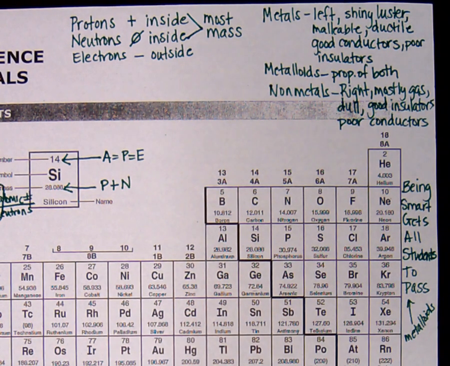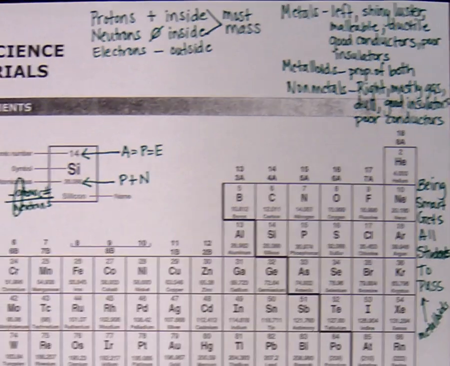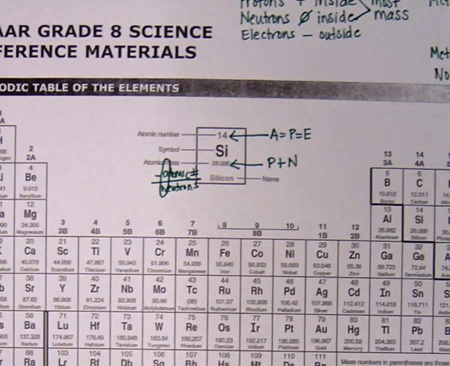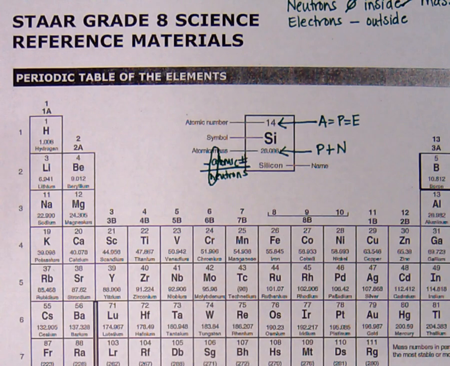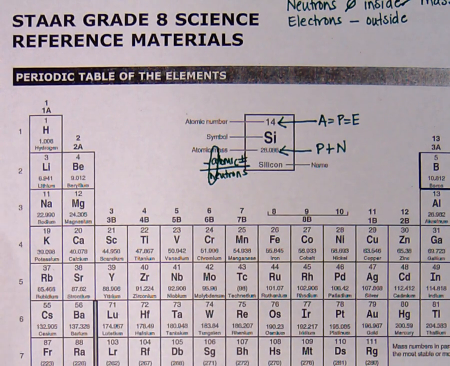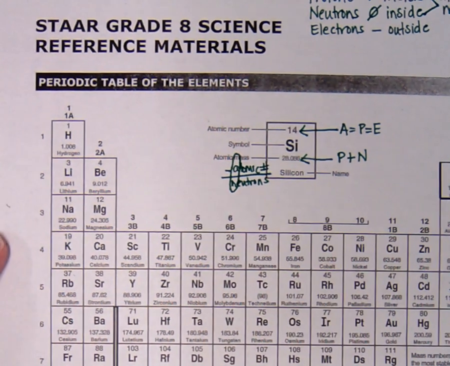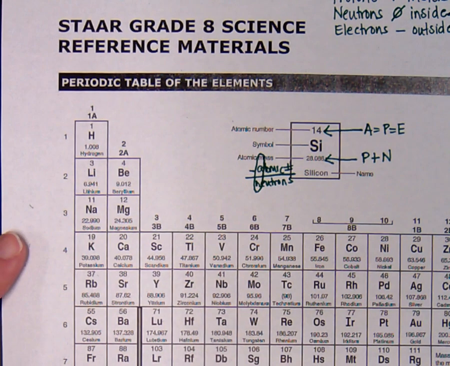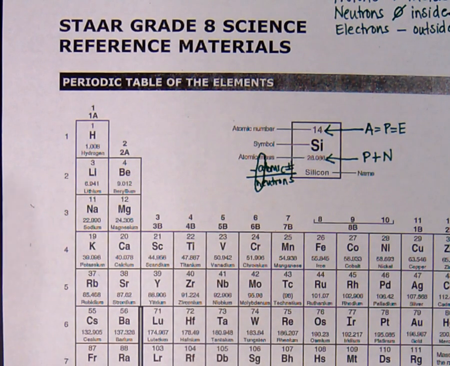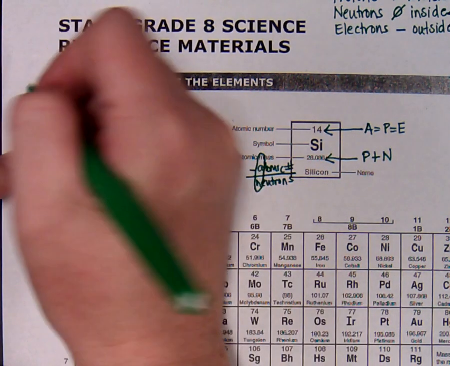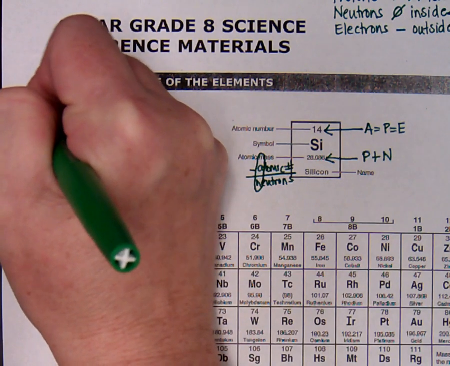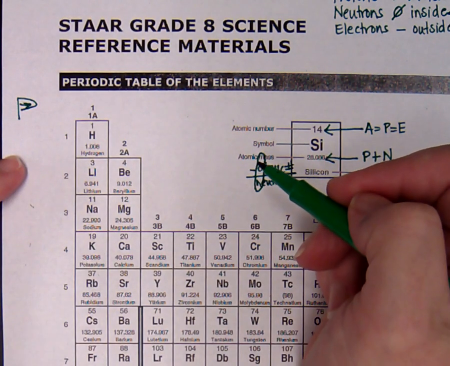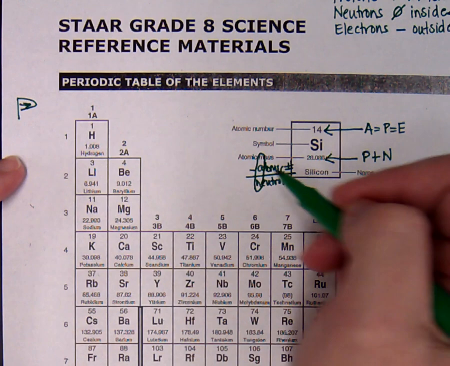All right, now we're going to move to the horizontal rows that are on the periodic table. The horizontal rows are what we call periods. So we are going to do our P like that with the arrow to show it goes across.